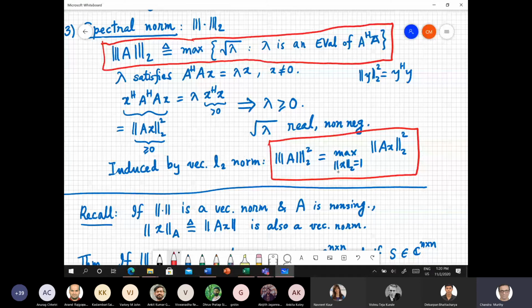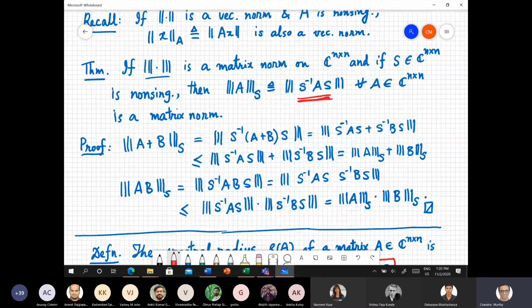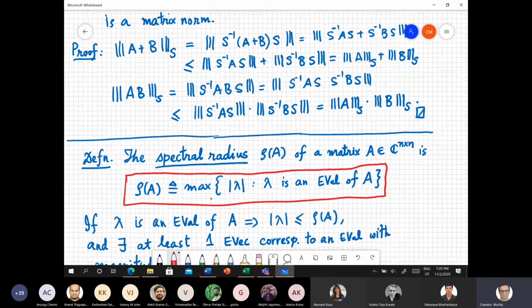Whereas the spectral radius, rho of A, is the maximum mod lambda where lambda is an eigenvalue of A. So these are two different objects.